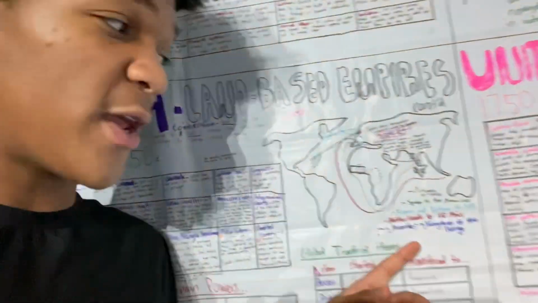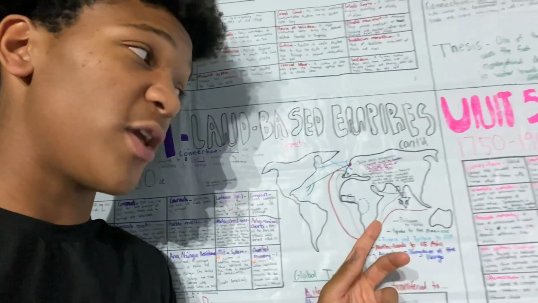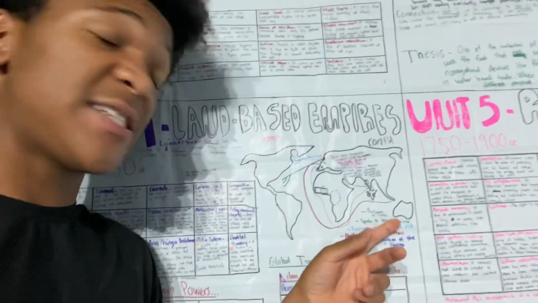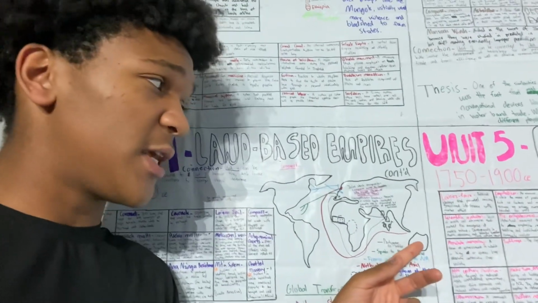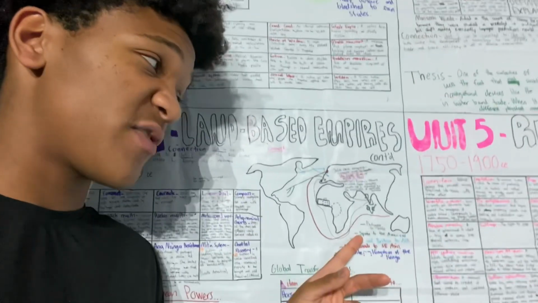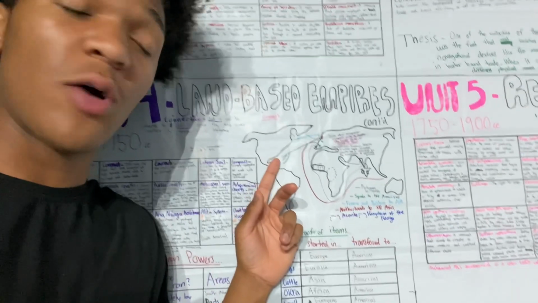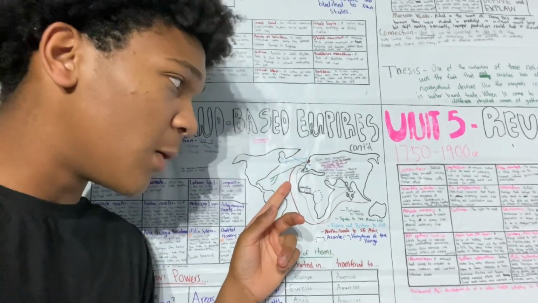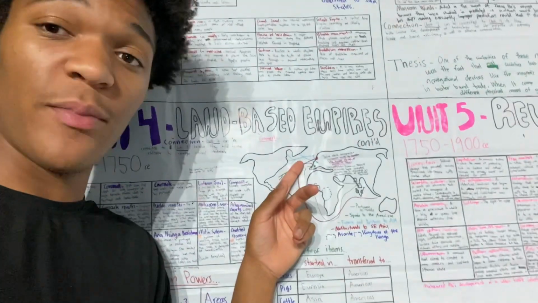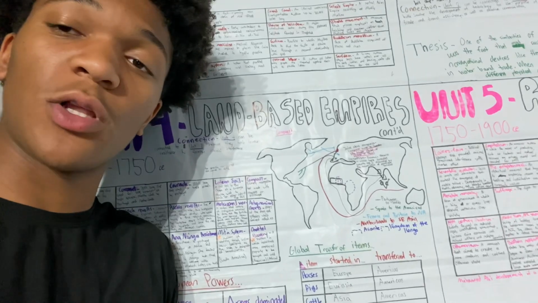So right here, I drew the Netherlands going on their voyage to claim territory and create colonies in Southeast Asia, including the East Indies, the West Indies, things like that. And you also have Spain coming to the Americas to expand their colonial rule, as well as France and Britain coming to North America also to expand their rule across the globe.